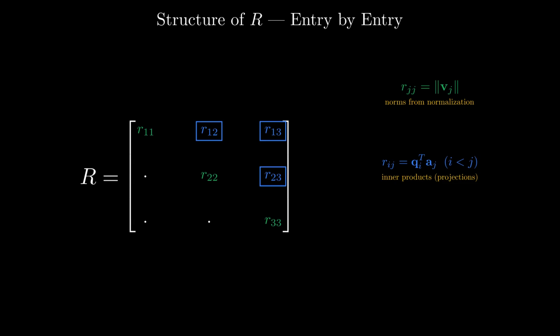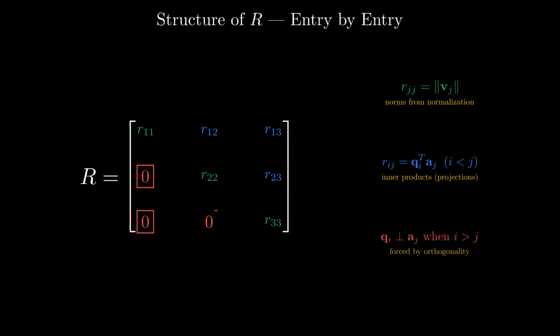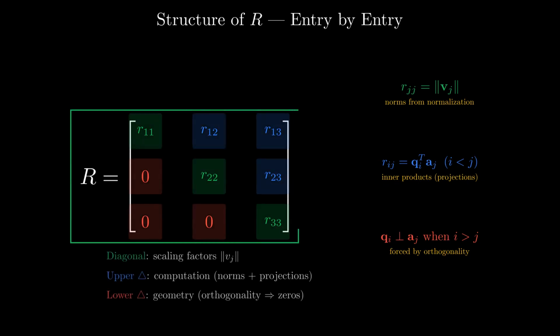They capture the components we subtract out during the orthogonalization process, and below the diagonal, all zeros, every single one. These zeros are forced by orthogonality because qi is perpendicular to aj whenever i is greater than j. So the upper triangle holds the computation, the norms and projections that drive Gram-Schmidt, and the lower triangle holds the geometry, the zeros that encode the orthogonality we built into the q vectors.